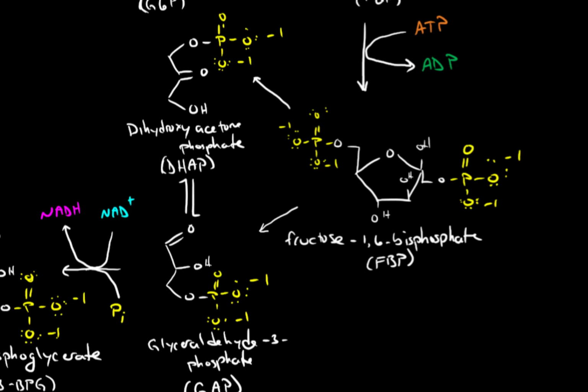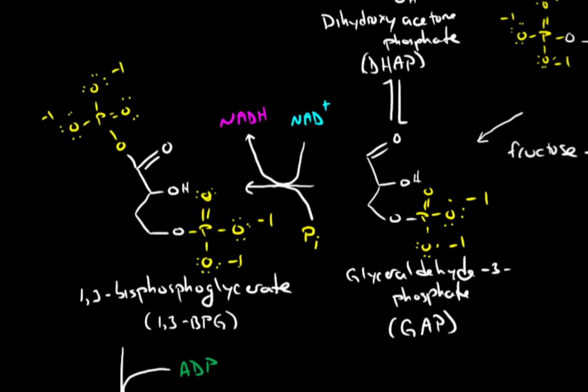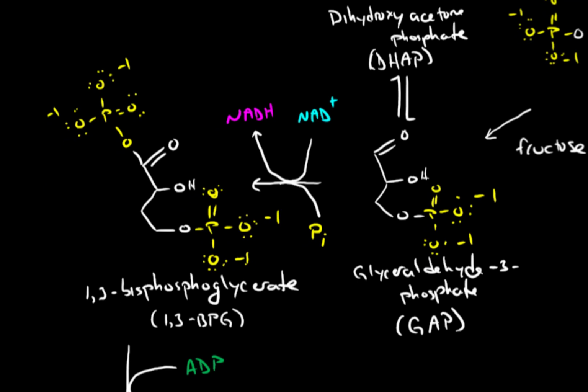Once we've made 2 equivalents of glyceraldehyde 3-phosphate, we can convert that to our first high energy intermediate, 1,3-bisphosphoglycerate. We're putting an extra phosphate onto our 3-carbon chain, now on the first position and the third position.